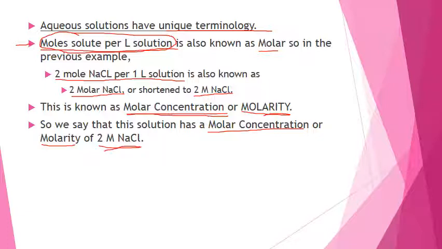As we go through these, you'll hear me interchanging moles per liter with molar and big M. You'll hear molar concentration and molarity interchanged as well. I just do it naturally because I've been using it so long, so pay attention to that.